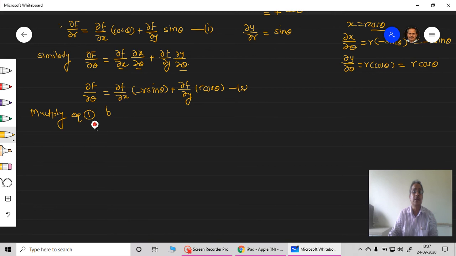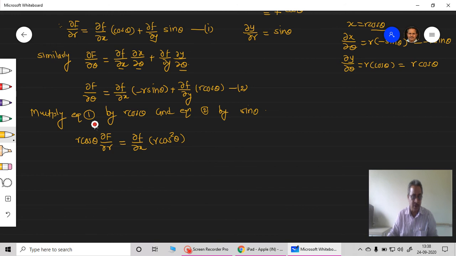by r cos theta and equation 2 by sin theta. Now let's check what happens to equations 1 and 2. Equation 1, left hand side becomes r times cos theta into ∂F/∂r. The first term here contained cos theta, so cos theta into r cos theta is r cos square theta, and ∂F/∂x as it is, so it becomes r cos square theta times ∂F/∂x.